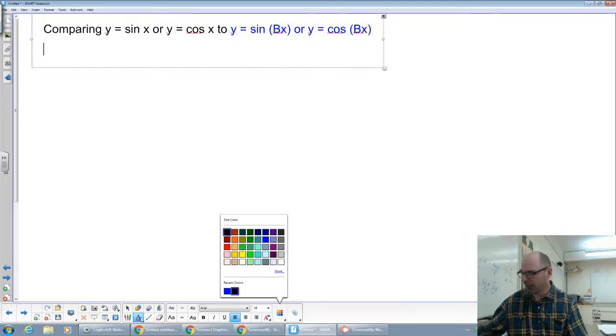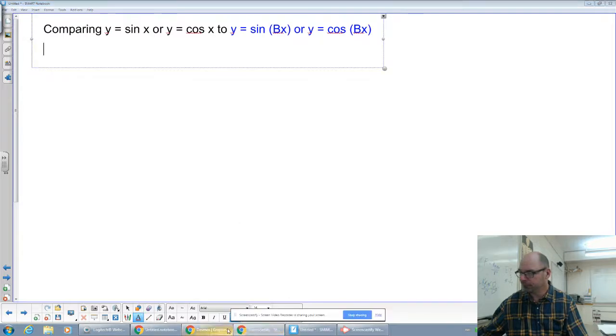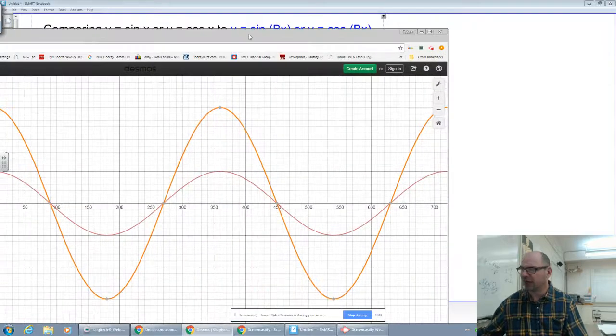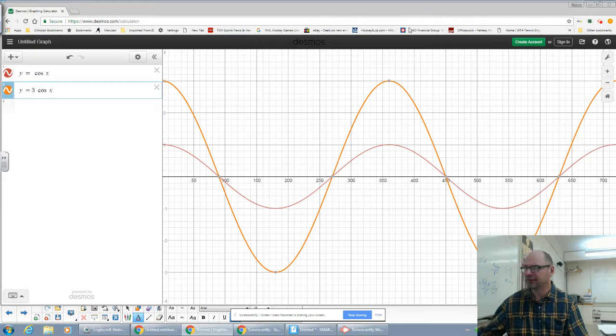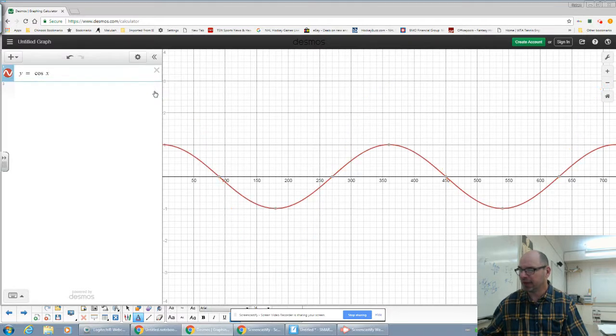So let's bring Desmos back here. I always get the wrong one there. Okay, so let's erase these 2 graphs here. We'll keep the same window that we have from 0 to 720 degrees. Let's start off with the sine graph.